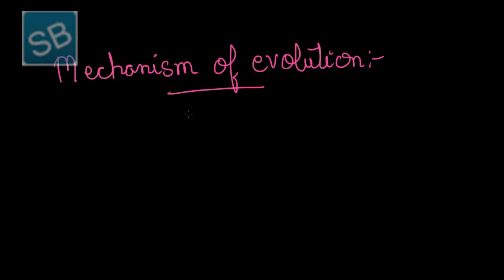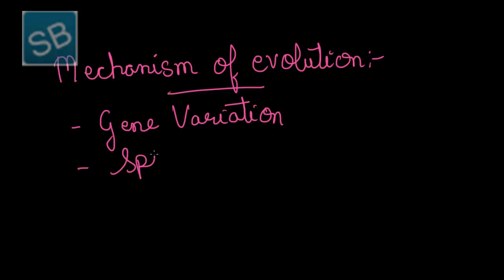That is, different opinions lead to different theories like Lamarckism, Darwinism, de Vries theory and the modern concept, which explain the concept of evolution, on the basis of which gene variation and speciation can be explained. That is, gene variation and speciation constitute the most important part in explaining evolution.